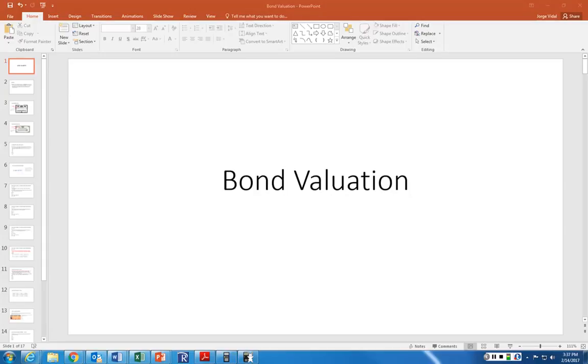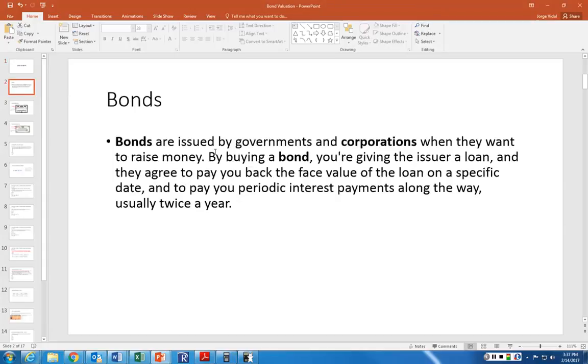They have these concepts. So we saw in class that bonds are issued by governments and companies when they want to raise money. Remember, companies can raise funds internally, it's called retained earnings, or externally via equity or debt. When they do that, it can be a commercial loan or they can sell bonds in the market.